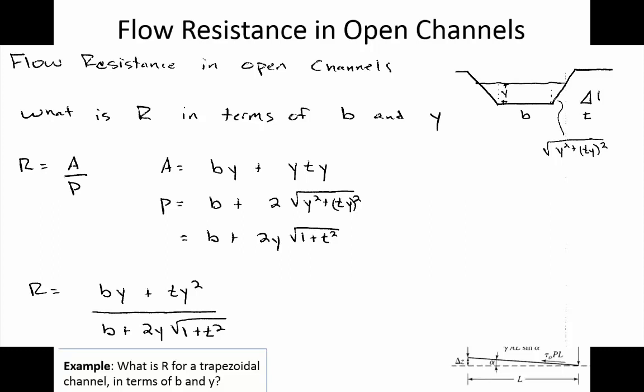we've got a 1 to t, and so that means that here we've got a depth of y. So this is y here, and so if y is the vertical component, then this distance is going to be yt. Okay?